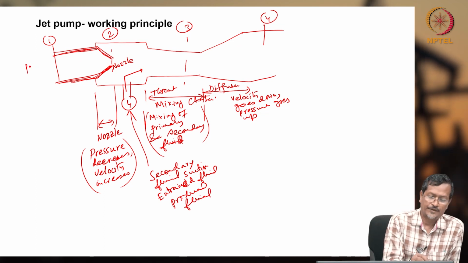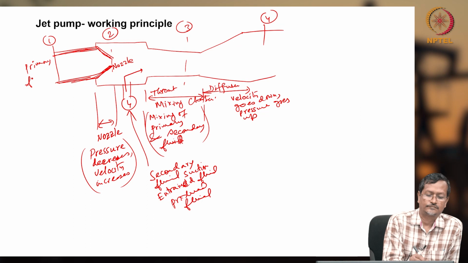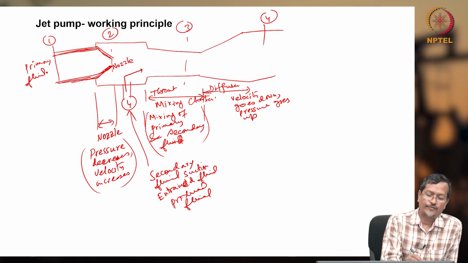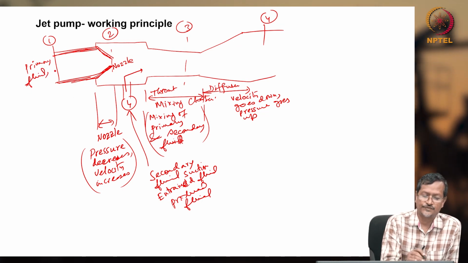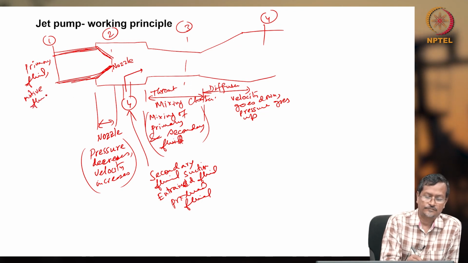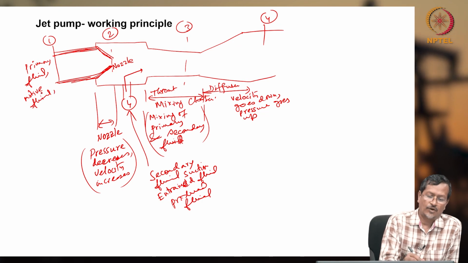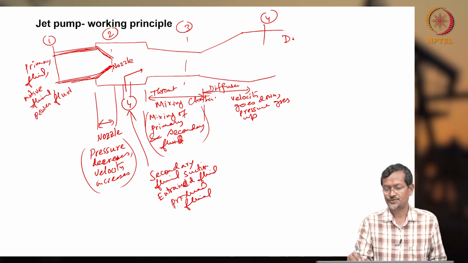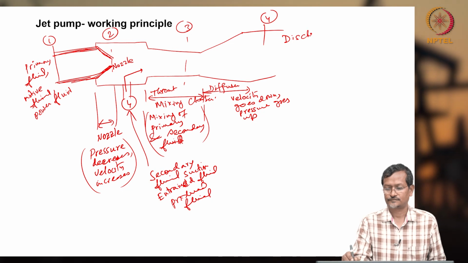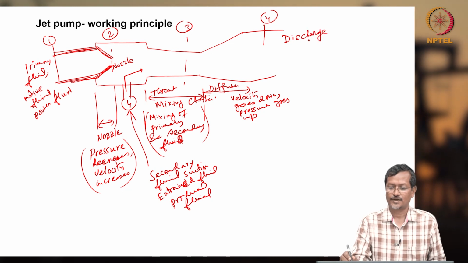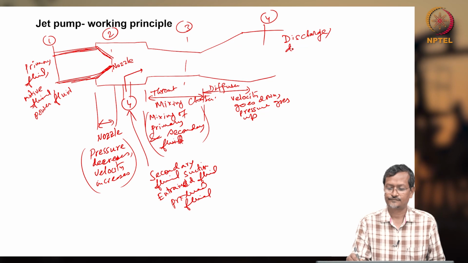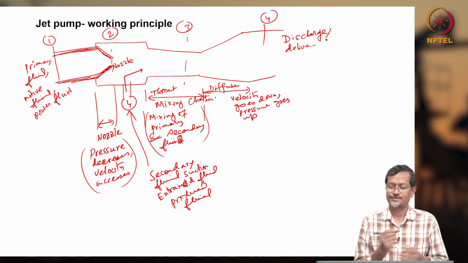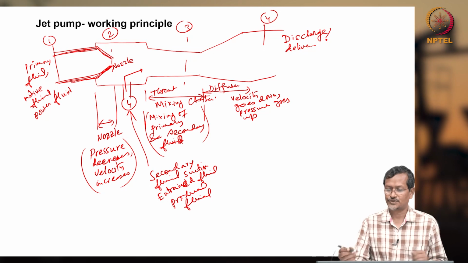Okay, here primary fluid, the different names of this fluid are motive fluid, or power fluid. This is discharge, or delivery side, or discharge pressure, delivery pressure, they say.